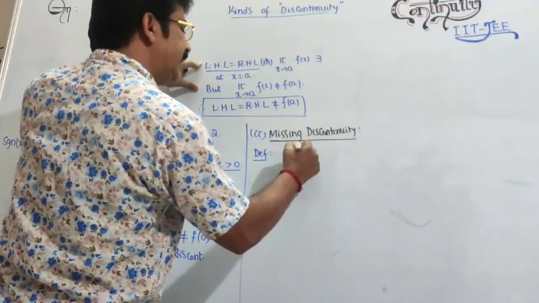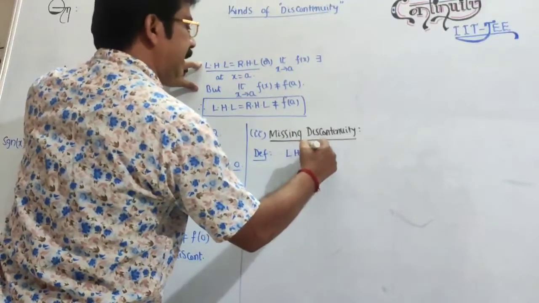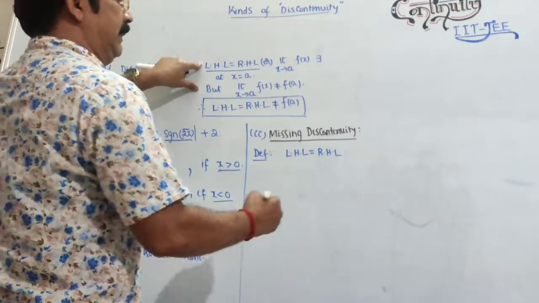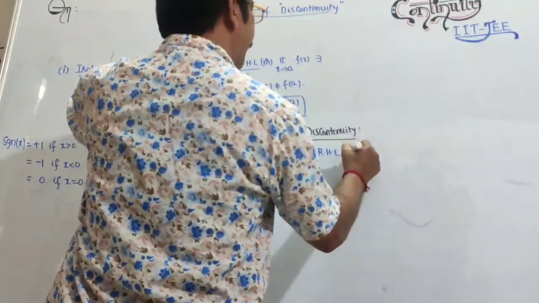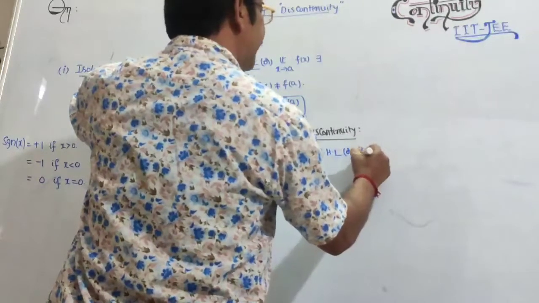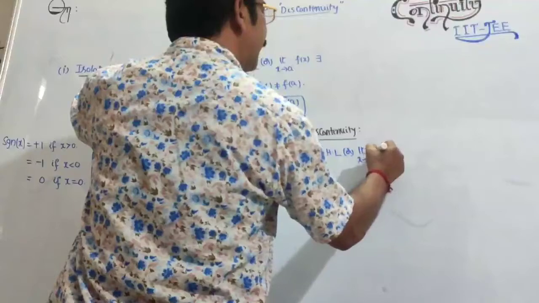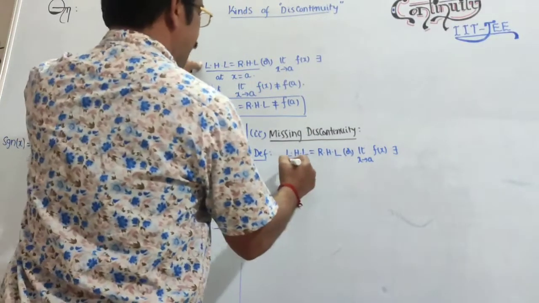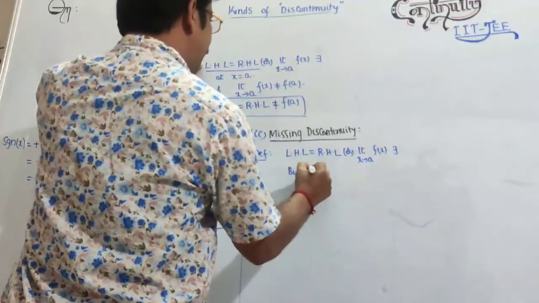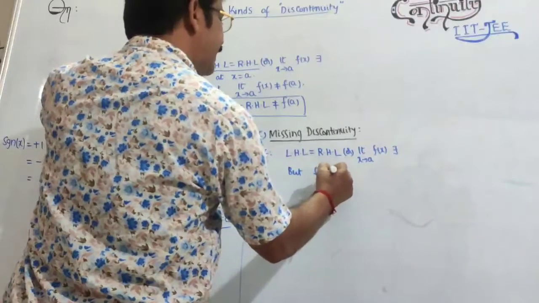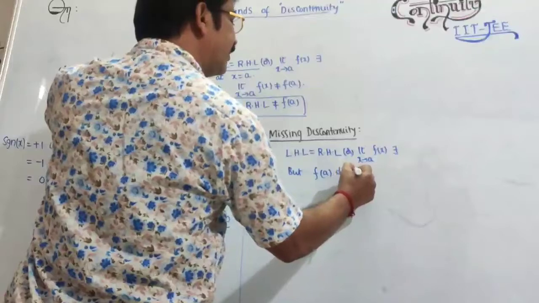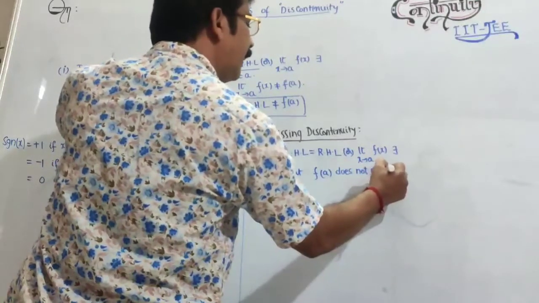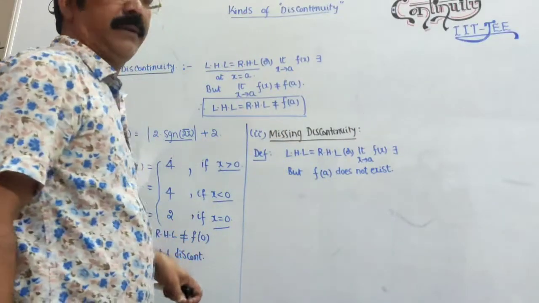Left hand limit is equal to right hand limit, or limit as x tends to a, f of x exists, but f of a does not exist. f of a does not exist. Understand?